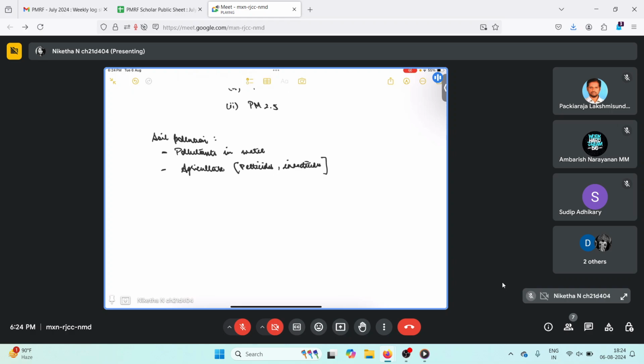Now, there is also another type of pollutant which is called a leachate. Can you tell me what is a leachate? Where does it come from? Leaching of a solute from the material by a solvent.